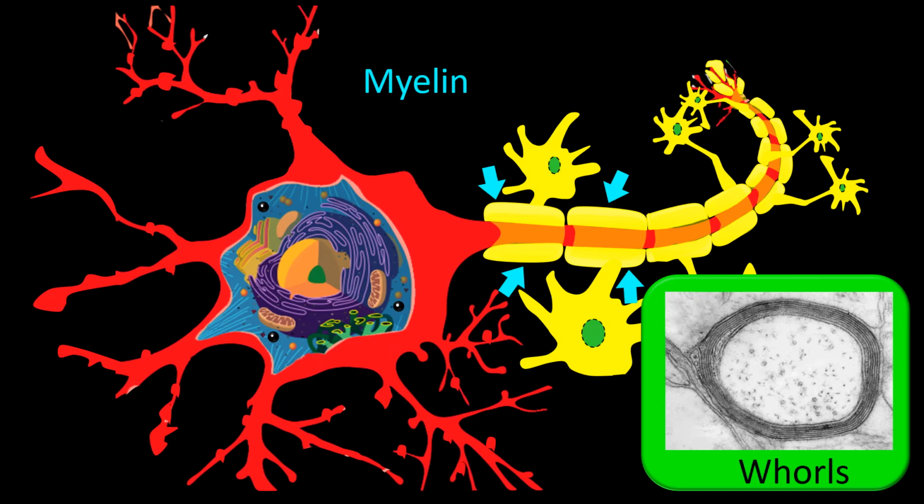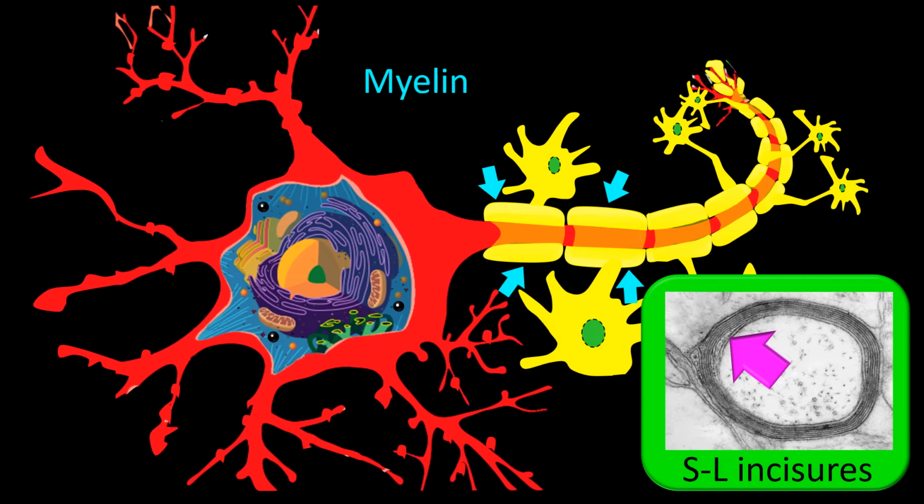Myelin is made of whorls of Schwann cell membrane attached to the body of the Schwann cell by a mesoaxon, with fingers of persisting cytoplasm trapped between the layers of the Schwann cell membranes.